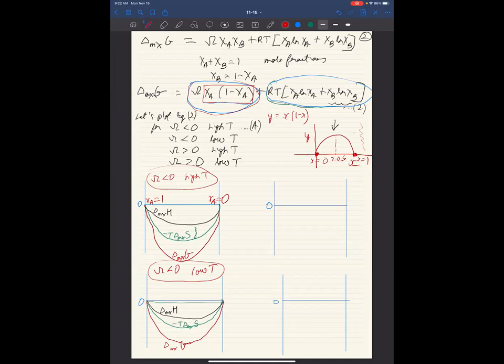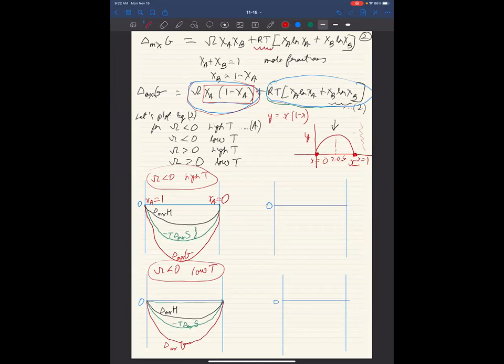At low temperature, the enthalpy dominates, because at low temperature this term just goes to 0, and it says, well, sure, let's mix as much as possible. And at high temperature, entropy starts to play a role and says, well, anyway, I want you to mix more. So it's just favorable for things to mix more and more, irrespective of the temperature you have.